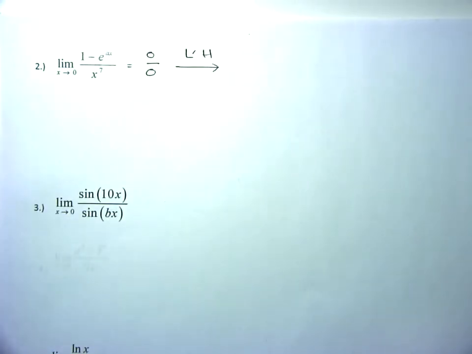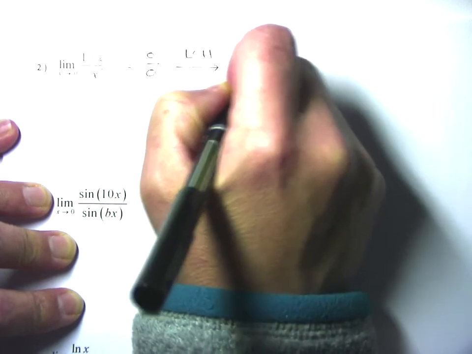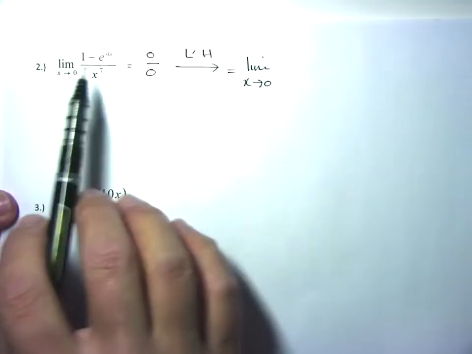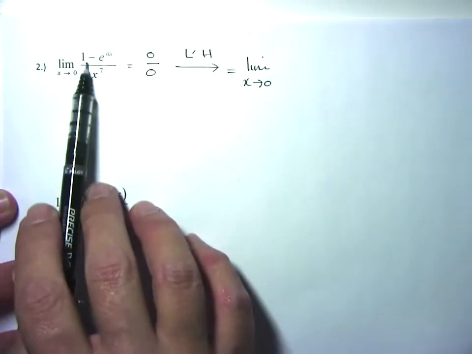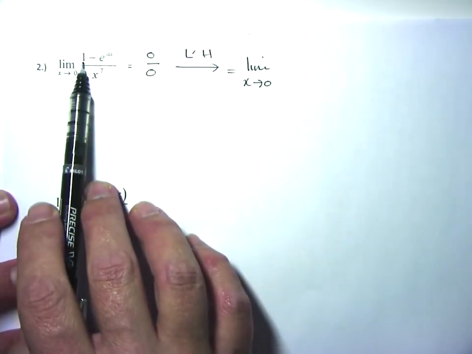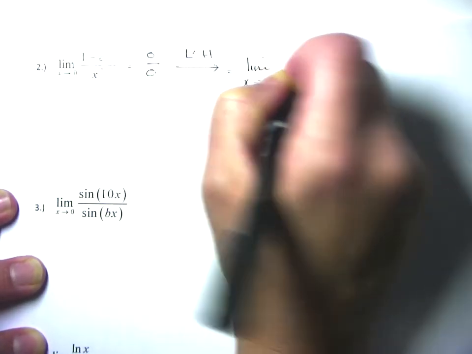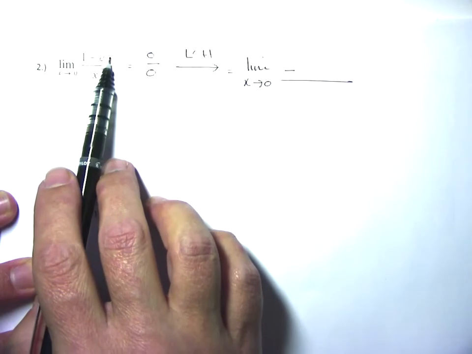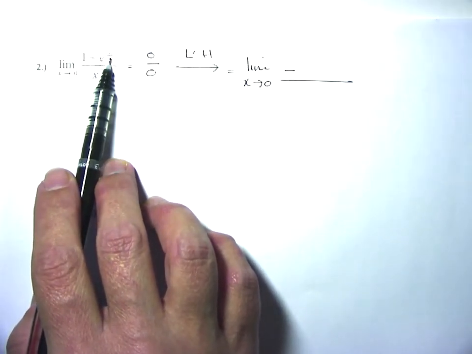I'm going to take the derivative of the top and the derivative of the bottom. So we will have an equivalent limit, the limit as x approaches 0. Let's see, 1 minus e raised to the power a times x. The derivative of 1 is 0. The negative is just a coefficient, so hold it over. All right, derivative of e to some power. What is the derivative of e raised to a power?